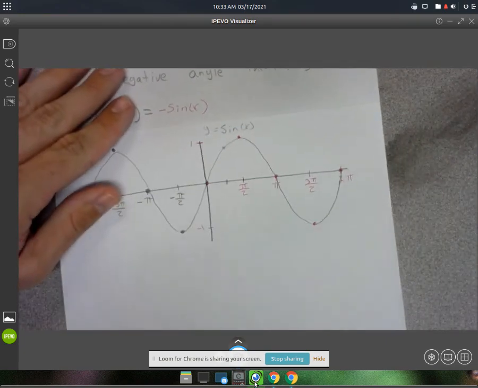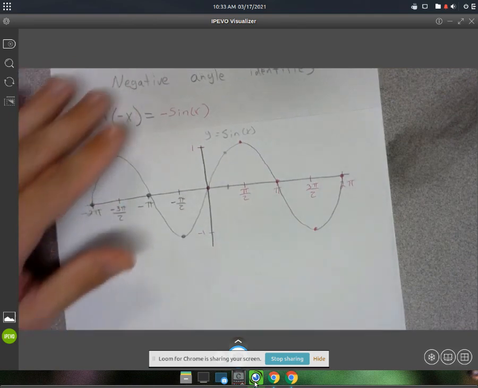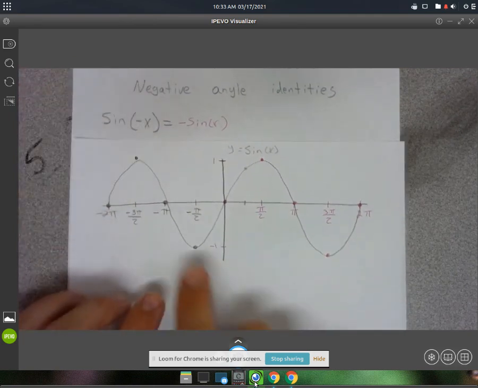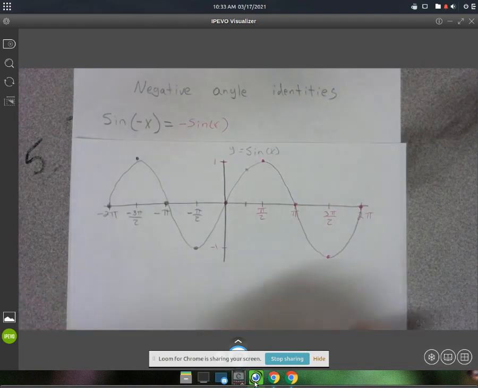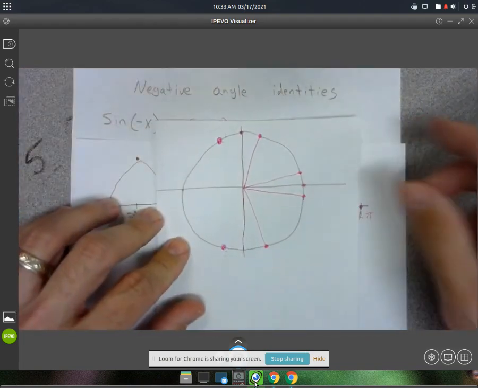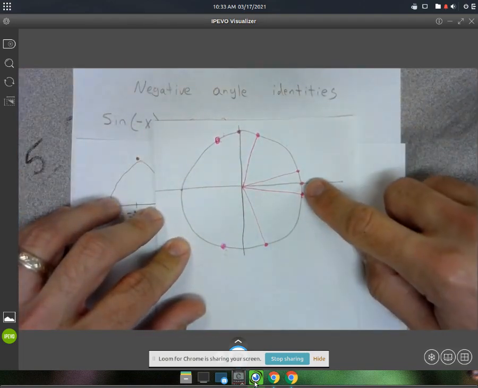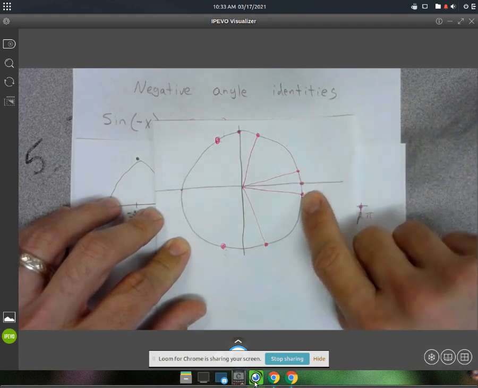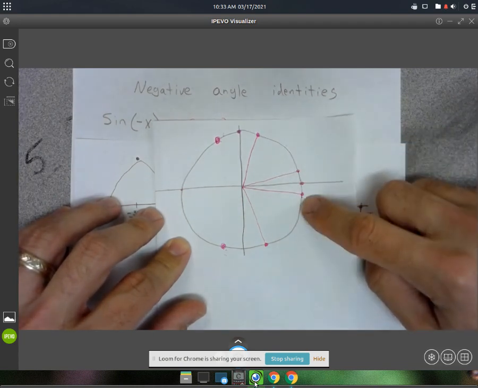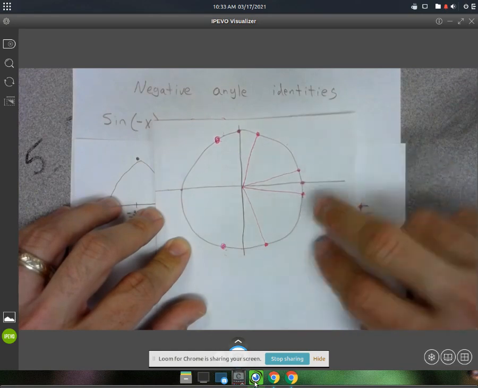If I reach back over here, this is why I had these. I was wanting to kind of illustrate why it works graphically as well. So we saw on this little unit circle, whether we rotate upward or downward, the y value is the same, but they just differ by a positive or negative.